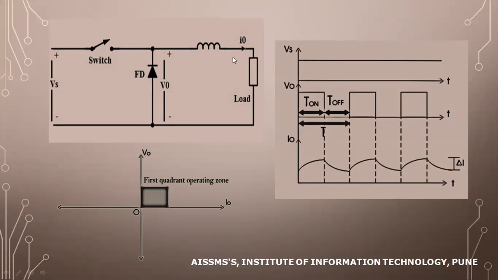Now this decrease in the magnitude of current flowing through inductor will produce induced EMF, which is having opposite polarity. So this terminal of an inductor becomes positive and this terminal of an inductor becomes negative, and opposite polarity EMF will start occurring across the inductor.